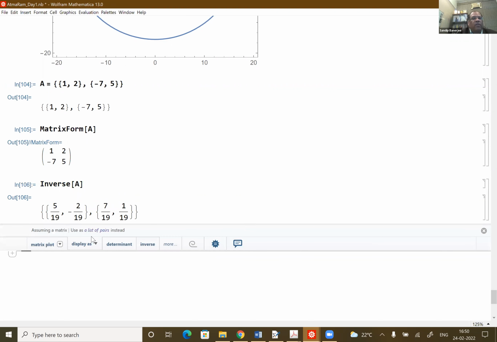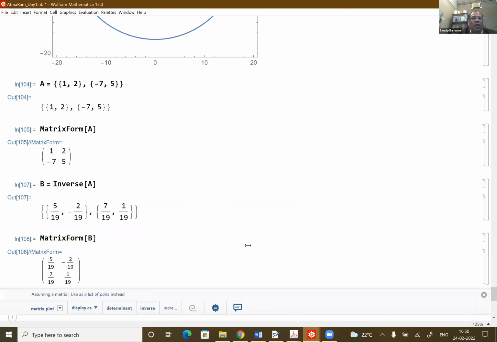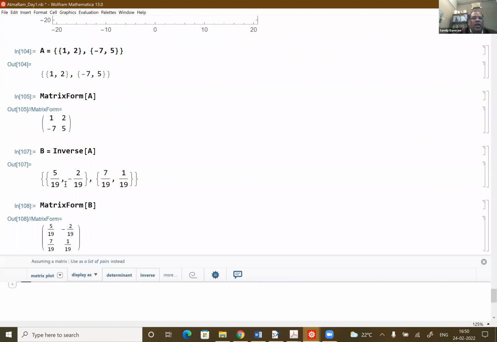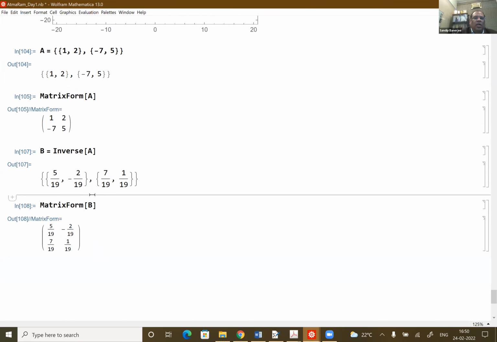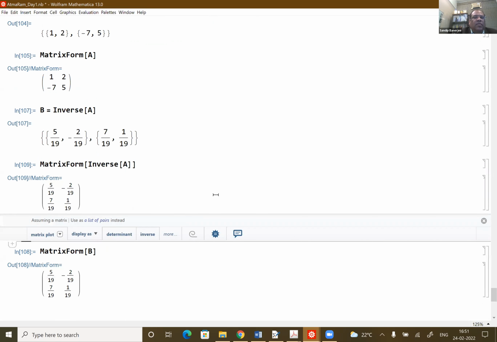So this is the inverse of A. And if you want it in matrix form, you just write B equal to this and MatrixForm B. Or you can straight away write here, I think this should also work. Instead of B, I just write Inverse A, and it gives the same answer.